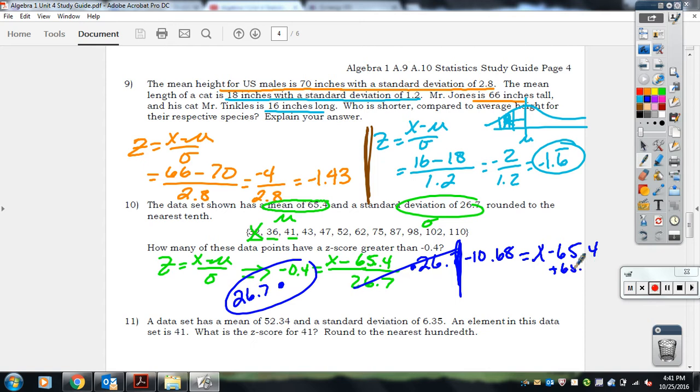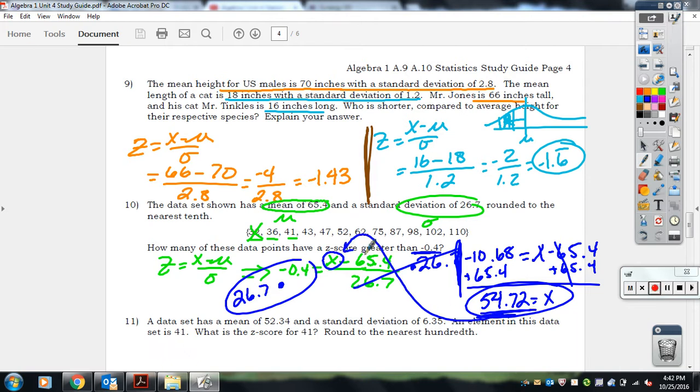Now add 65.4 to both sides. X equals 65.4 minus 10.68, which looks like 54.72. So when I plug in 54.72, that gives a z-score of negative 0.4. To recap, I plugged everything in looking for the x that gives a z-score of exactly negative 0.4.